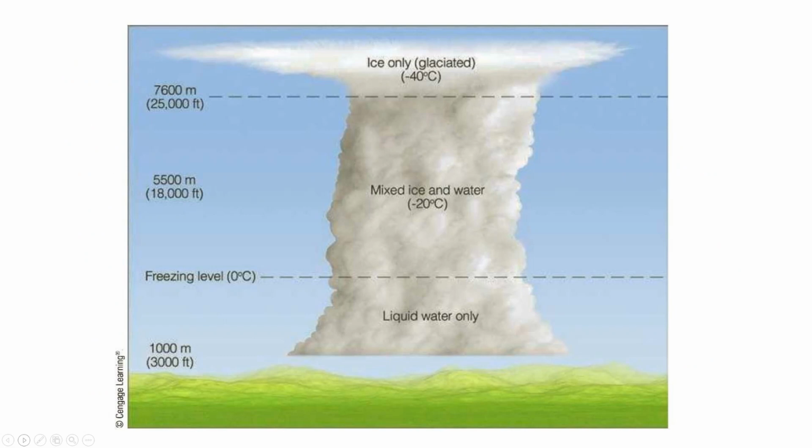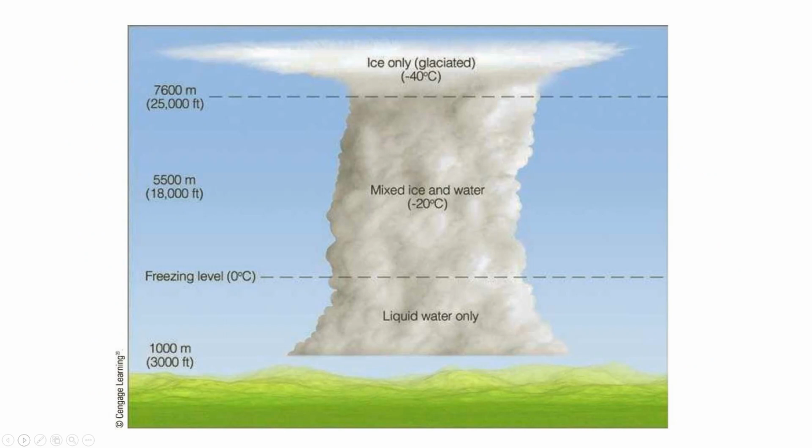But in between those lines, we can say that there's a mix of ice and water. So temperatures can go to negative 20 degrees Celsius. So, in this middle layer of the cumulonimbus cloud, the water particles are actually supercooled water.